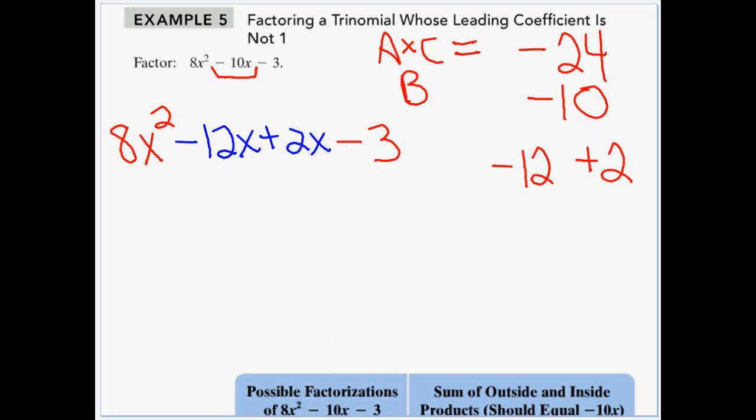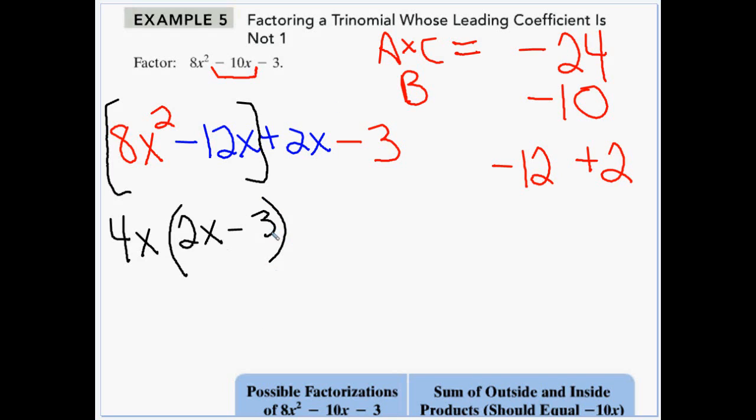Now it's a factor by grouping problem. So if I bracket off the first two terms, I can pull out a 4x, and that'll leave me with a what? 2x minus 3. And then here, this is already 2x minus 3. What can we put out in front here? Just a plus 1 as a placeholder. And then we have our 2x minus 3.